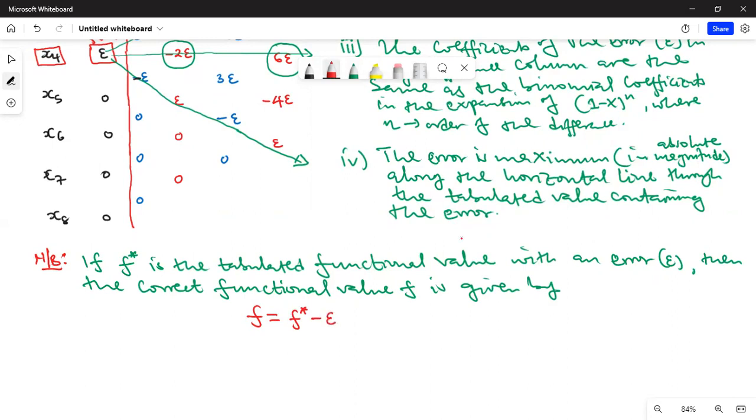That's how to correct the error using this formula.